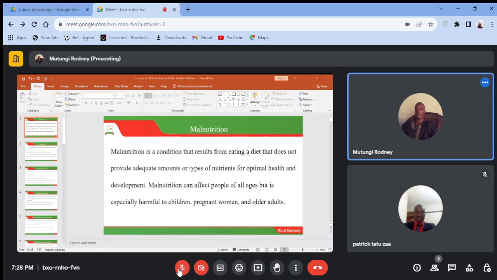And then health facilities, whenever people come to receive these health services, there can always be nutrition talks about how to improve their nutrition, especially for those focused clinics I've seen at a health center.